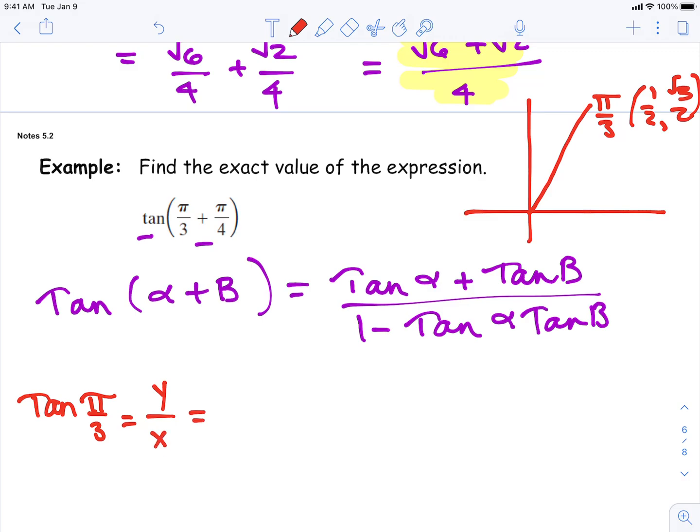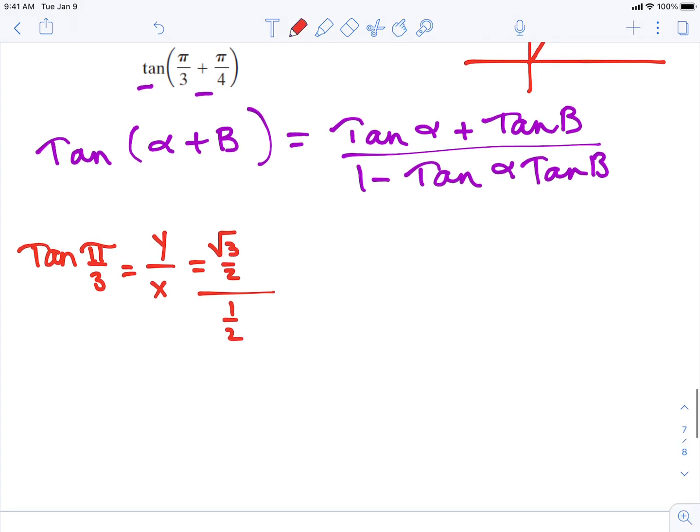So we're going to take square root of 3 over 2 and divide it by 1/2. To simplify that, we're going to keep, change, flip. We're going to keep the square root of 3 over 2, change it to multiplication, and then flip that to 2 over 1. Then I'll multiply across, and we get the square root of 3. So that's going to go into our formula in a little bit.